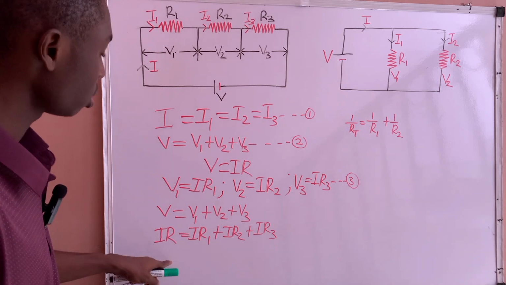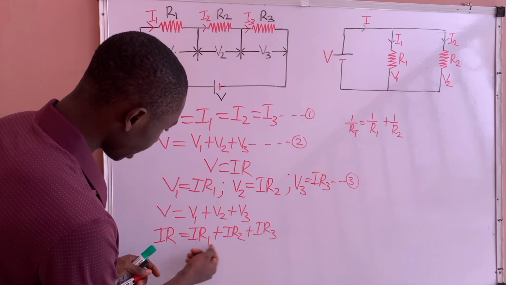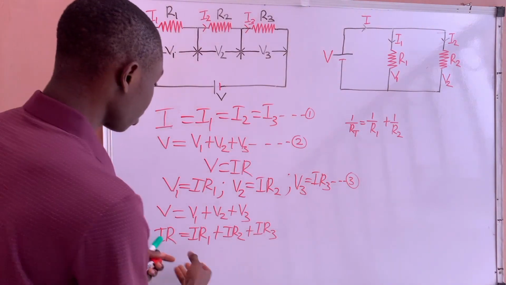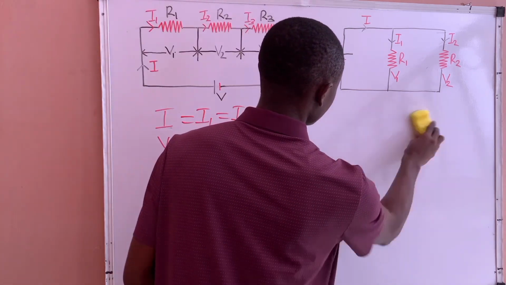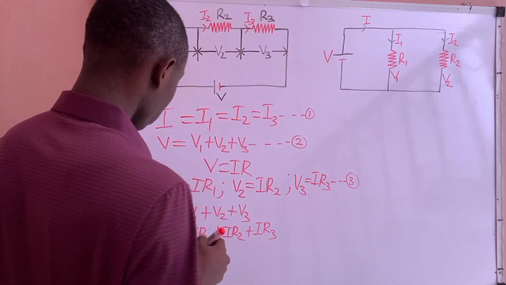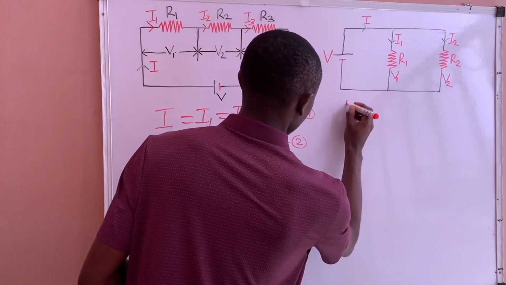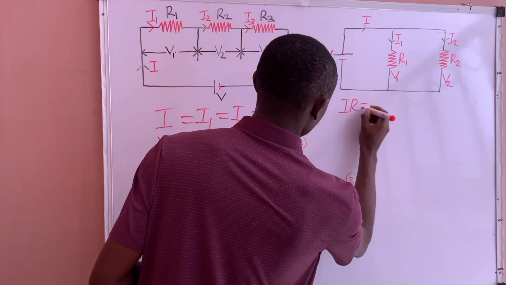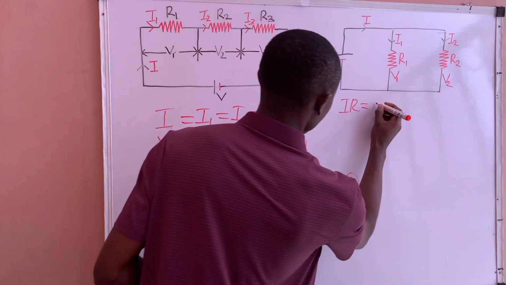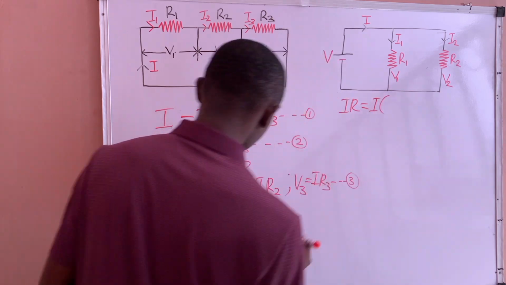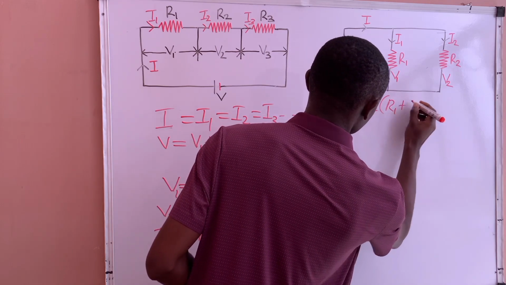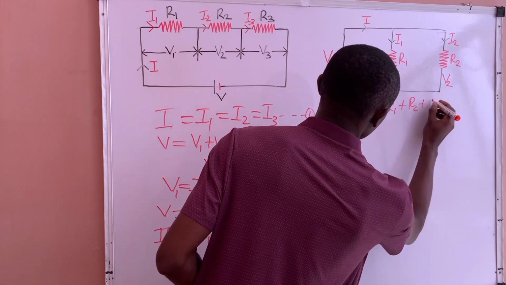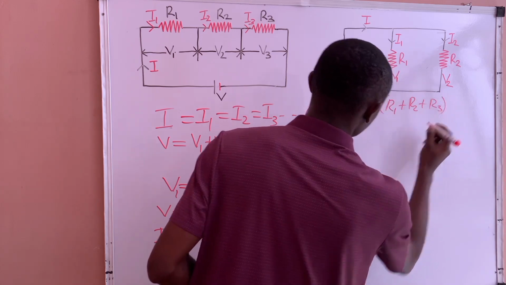At this point, I is common, so we will factorize I out of the equation. So we have IR is equal to I times R1 plus R2 plus R3.